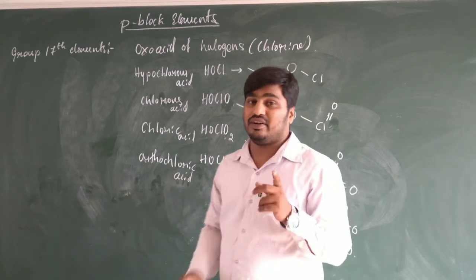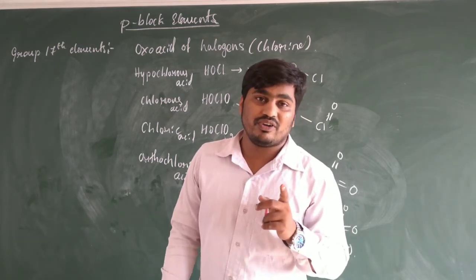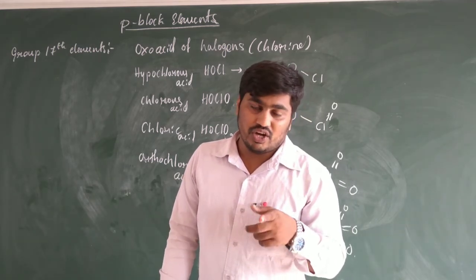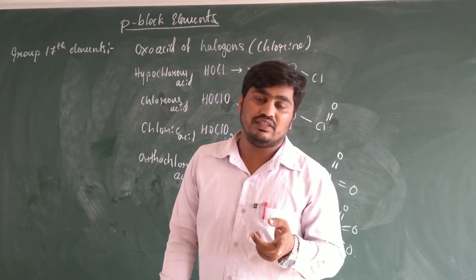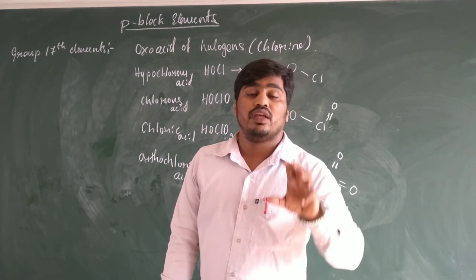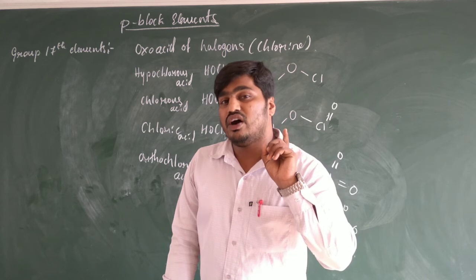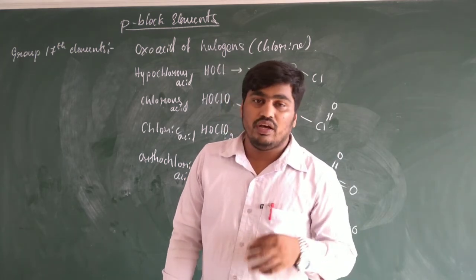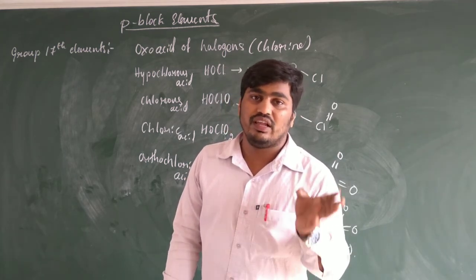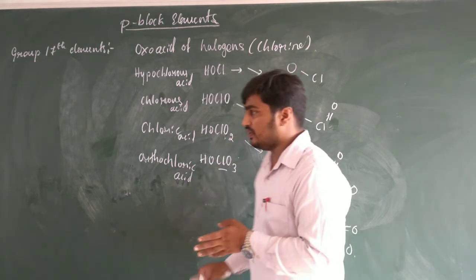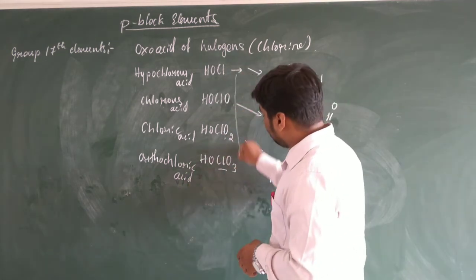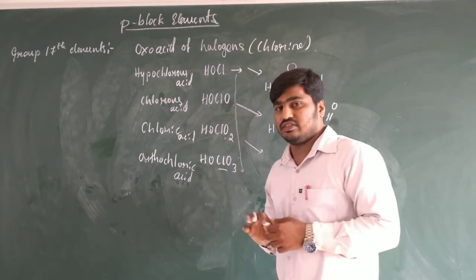The same can be studied in the oxides of nitrogen. When the oxidation state of nitrogen increases, that oxide is more acidic. Lower oxidation state oxide is less acidic. Same thing happening. Moving down the group, acidic strength increases.